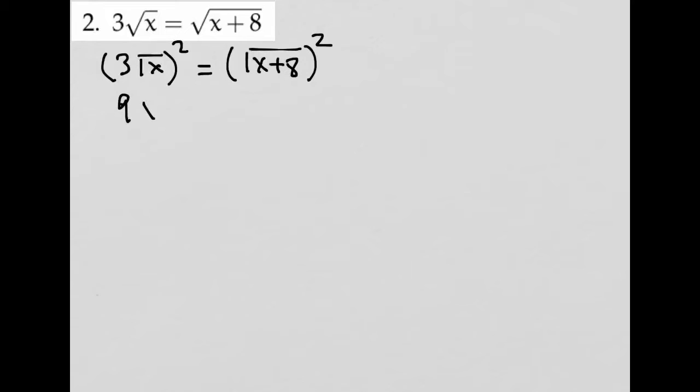Next example, let's solve 3 square root of x equals square root of x plus 8. We start by squaring both sides. 3 square root of x squared equals square root of x plus 8 squared. 9x equals x plus 8. 8x equals 8, which means x equals 1.